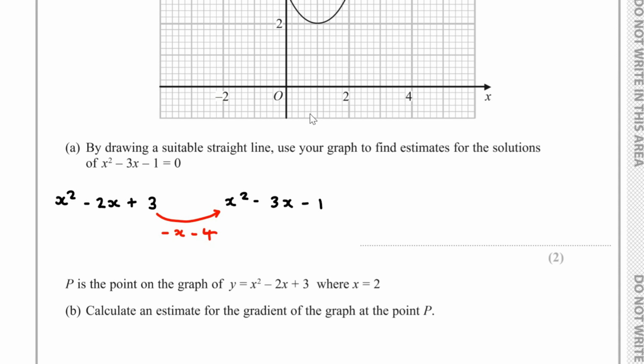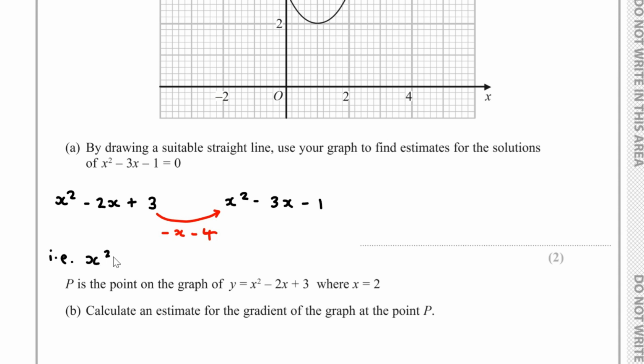So this graph over here has already been drawn, and somehow we need to find the solutions to this graph over here. If I set this graph equal to x plus 4, we can rearrange that to get this graph.